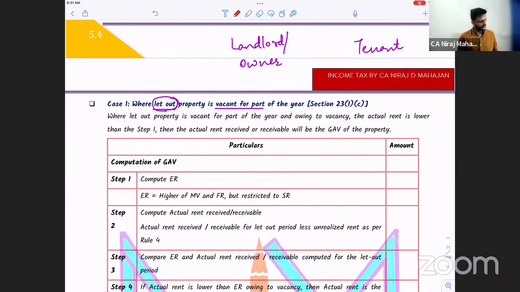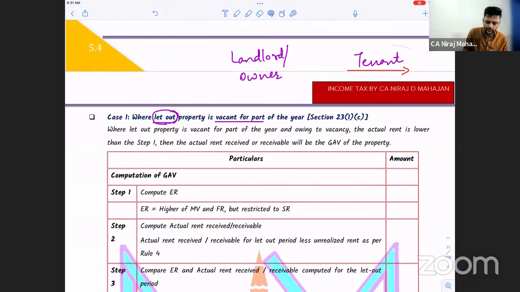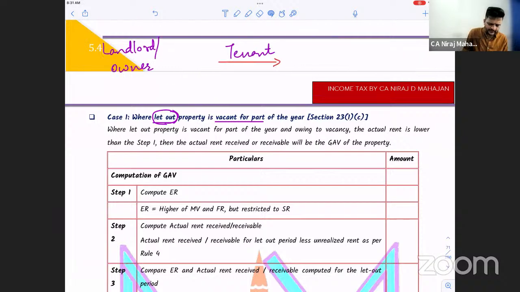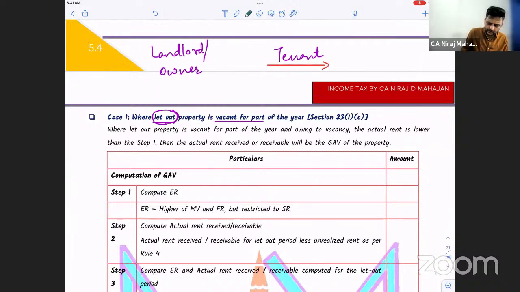Understood? However, now pay attention. After properly giving notice, the tenant is leaving the place, and because of what happened during COVID, or any other reason, you are unable to find a tenant for some period of time, there is a gap. Are you getting my point?